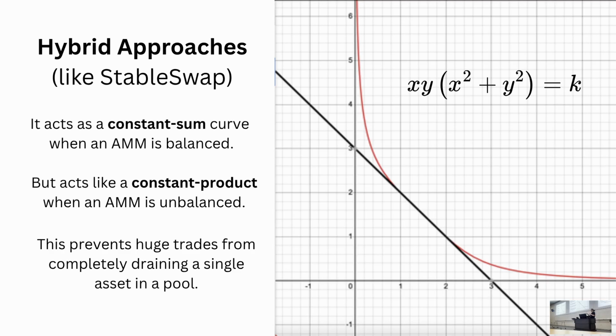But if you get to the point when one asset gets slowly drained, it's going to start acting as the constant product formula. So here the red curve is actually the stable swap curve. Near the equilibrium, it's very similar to the straight line. Near the edges, it's very close to the hyperbola. This is not actually the formula used by stable swap, but it's close.